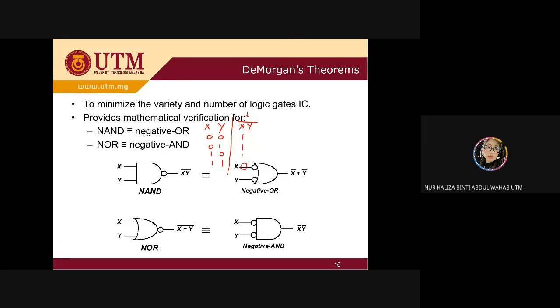You already know, right? Then you want to justify the X bar and Y bar. So we will look at them one by one. What happened to your X bar? What happened to your Y bar for this table? And this one is for this circuit, right? Y bar.